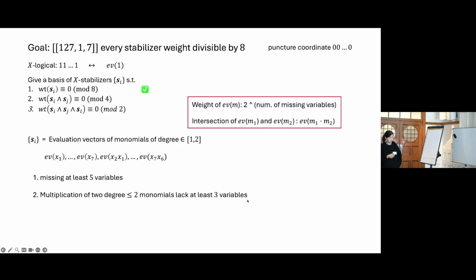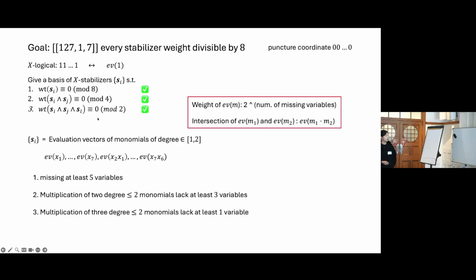So this double intersection will be divisible by 8, actually. Then finally, you just need to check the multiplication of the 3 monomials. Since each of them is degree at most 2, the product is of degree at most 6, so you will lack at least 1 variable. And this gives you a weight divisible by 2 here.